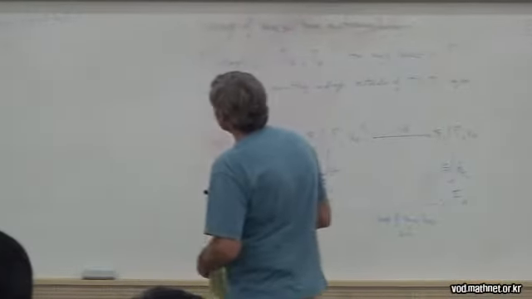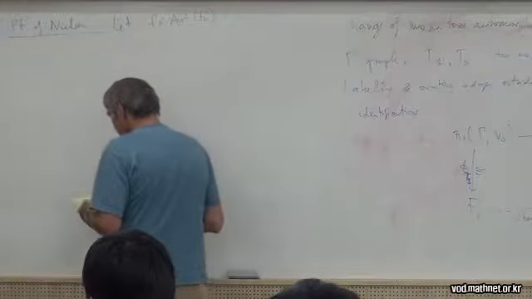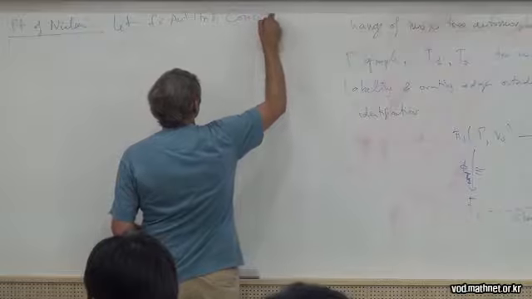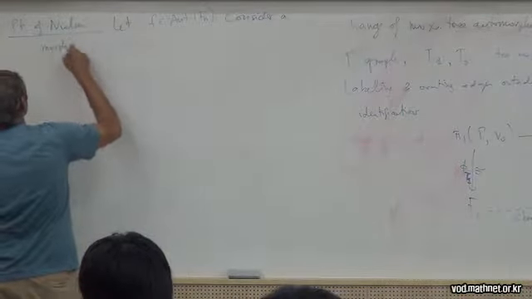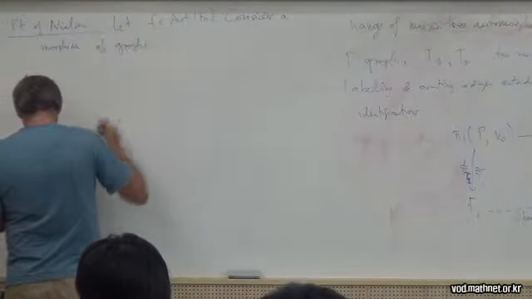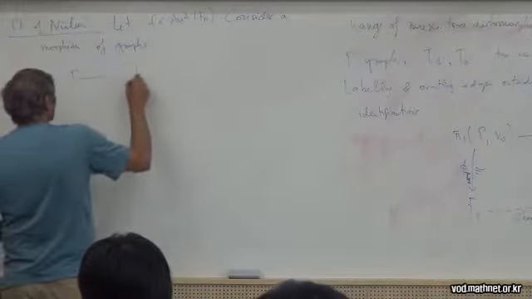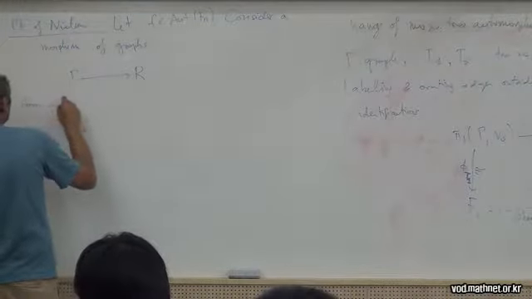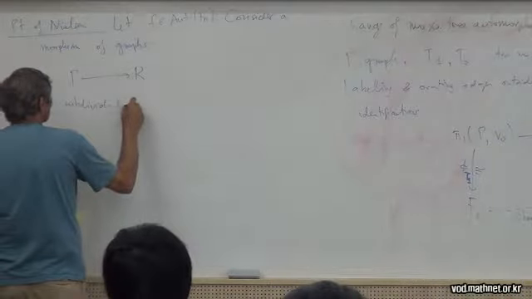Okay, so let's fix an automorphism, and as usual I'm going to consider a morphism of graphs from gamma to R. R is going to be the rose.